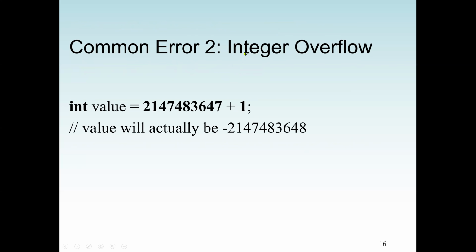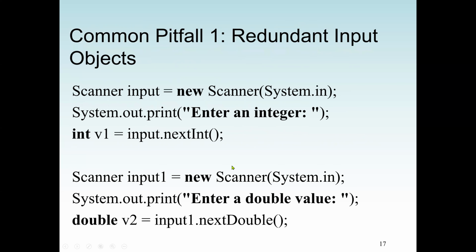The second error we're talking about is integer overflow. If I have a very large value and I add 1 to it, you can see this value here with 1 takes us back to negative, because of the size the variable's data type can hold. Redundant input object. Here you can see that we create a scanner object input, and we ask the user to enter input to the v1 variable.